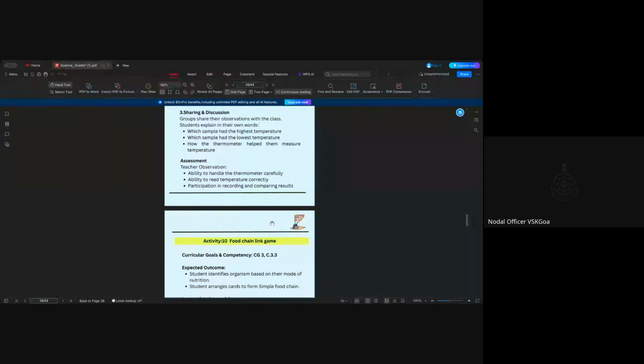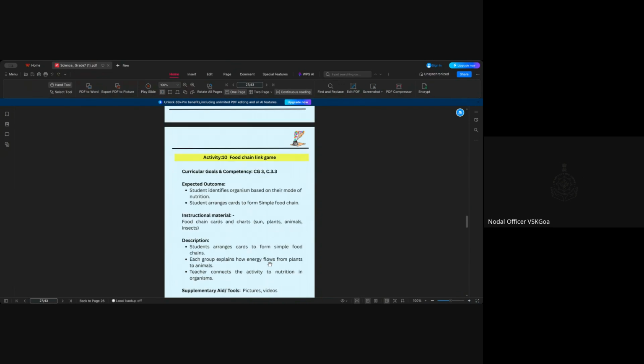So here, what the teacher is going to do is arrange a set of cards which will have different plants. You give these cards to a group of students, like 4, or you can take 2, depending on your class size, and distribute the cards one to each person.